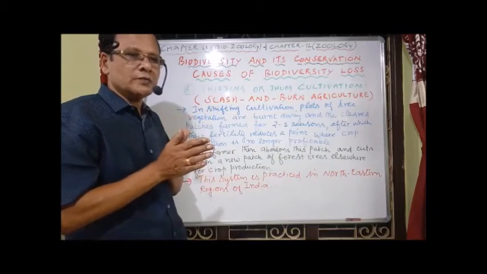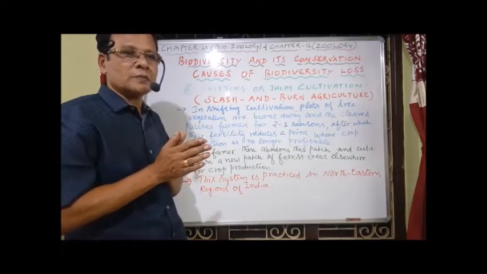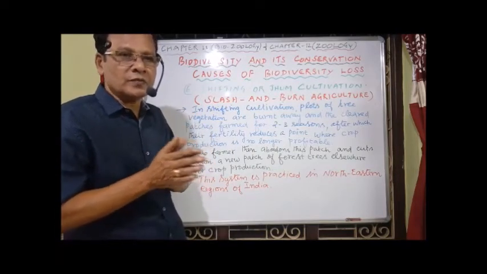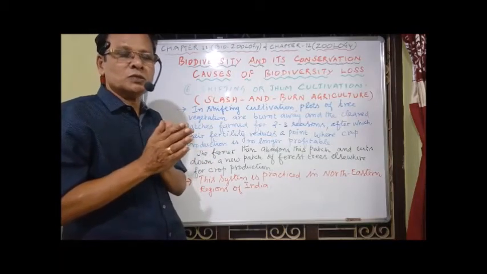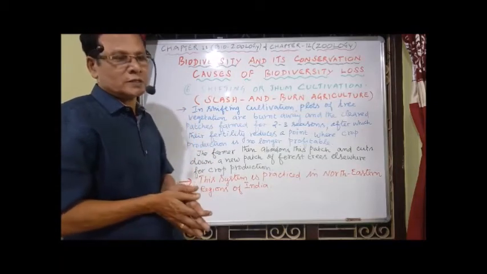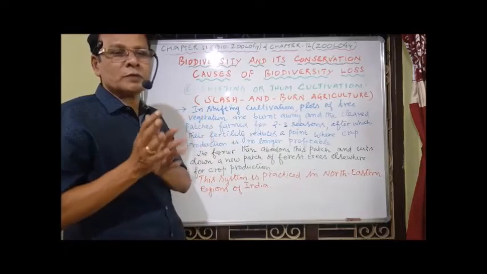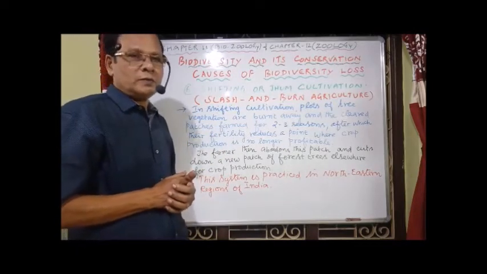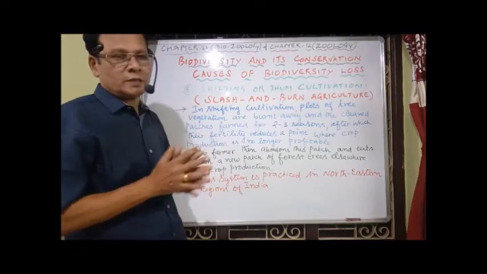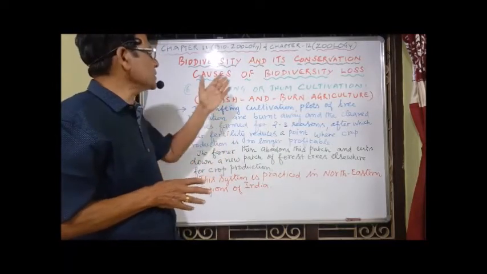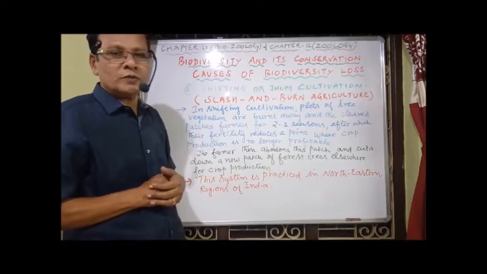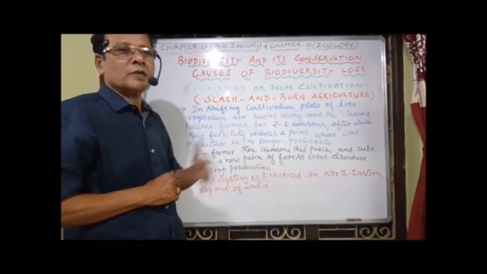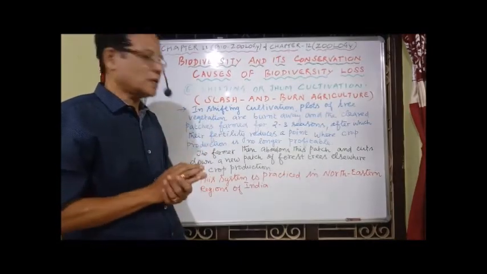So they can cultivate only for 2 to 3 seasons, after which they abandon that land and cut down a new patch of forest trees for crop production. This is what they do, and this type of cultivation reduces biodiversity and causes biodiversity loss.